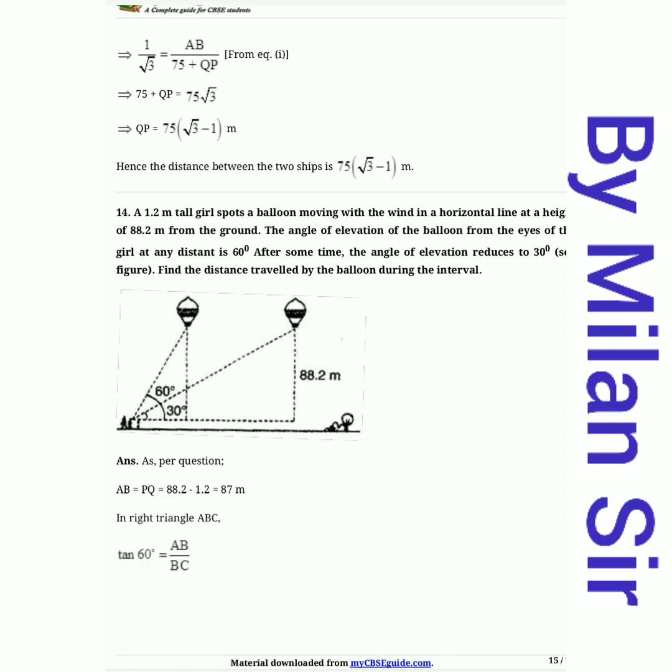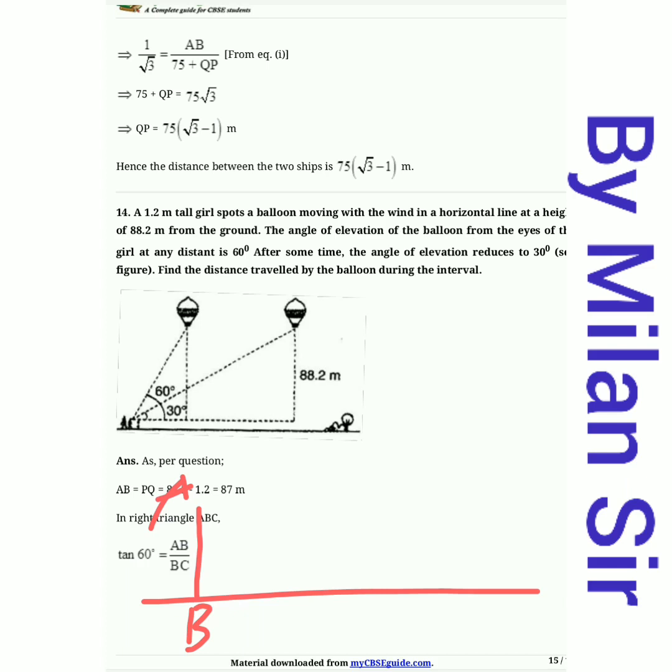So, one girl is, first of all, on the ground, 1.2 meter girl, we give the name here AB. Then one balloon is there. First of all, it is at 60 degrees from the eye of the girl, right?